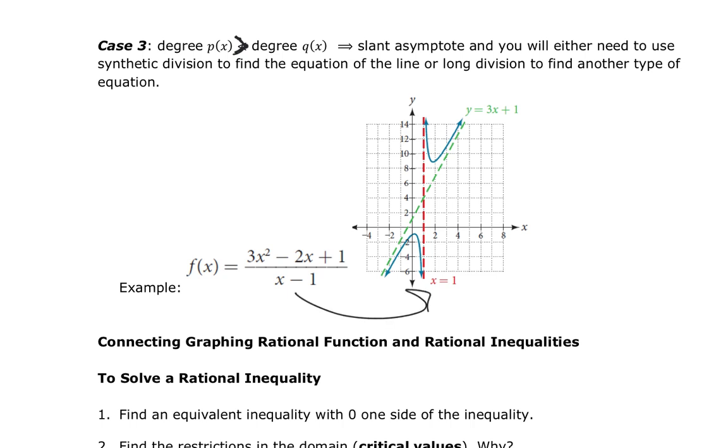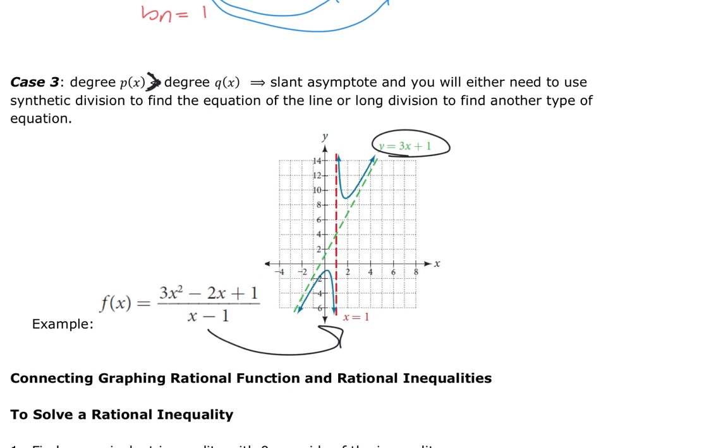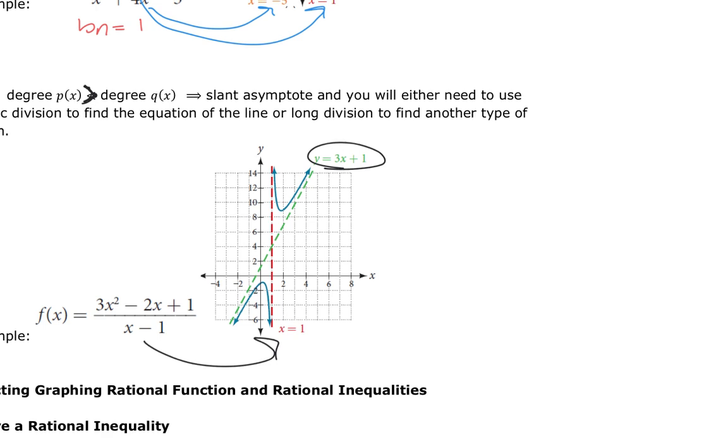And before we move on, I'm going to show you where this oblique, or in this case slant asymptote, came from. Since the degree of the numerator is larger than the degree of the denominator, I can use either synthetic or long division. Synthetic when it's appropriate, long division when synthetic is not appropriate. So I'm going to use synthetic division. I'm going to put in 1 here. The coefficients are 3, -2, and +1. And so I do this: 3, 3, 1, 1, and 2.